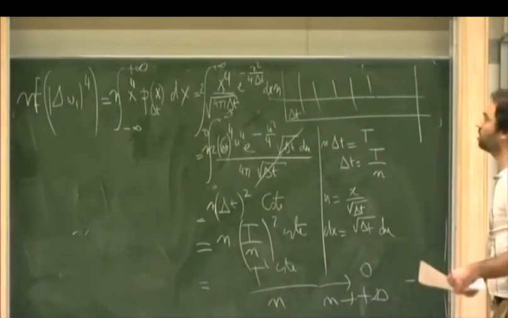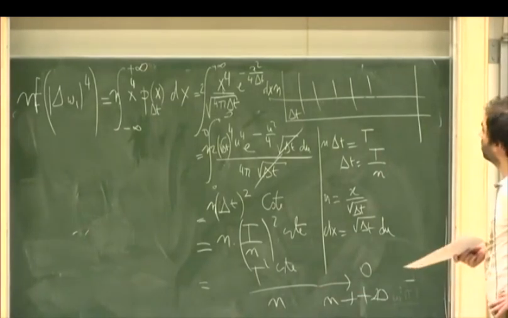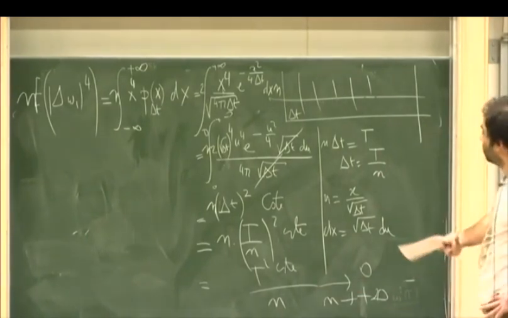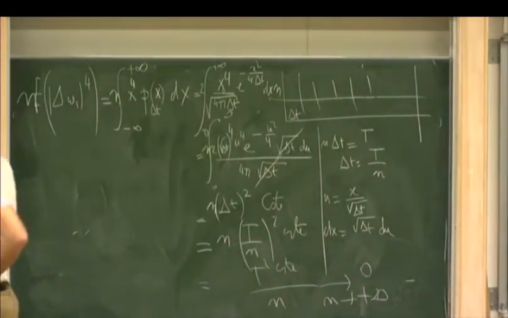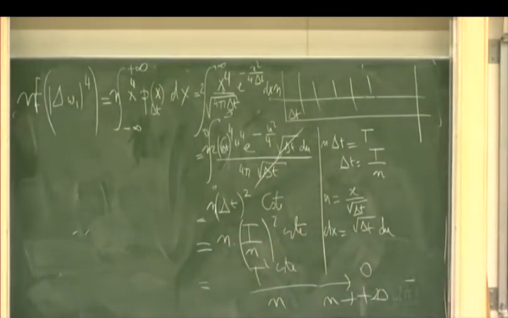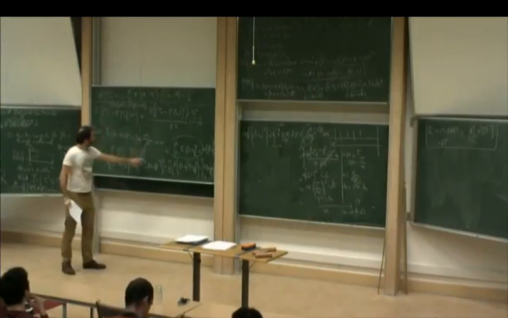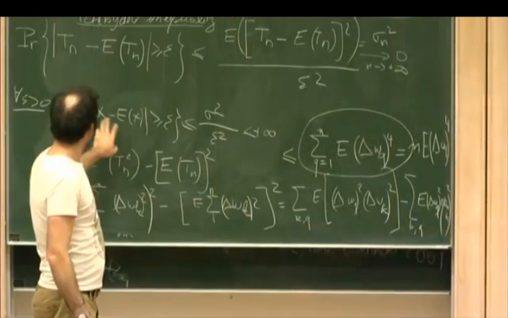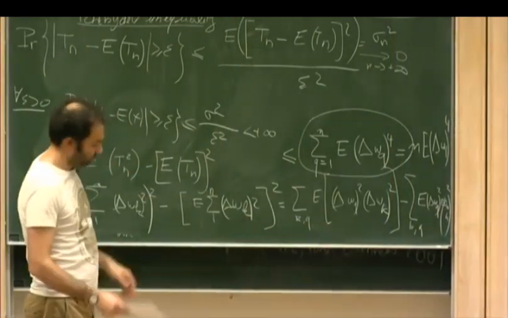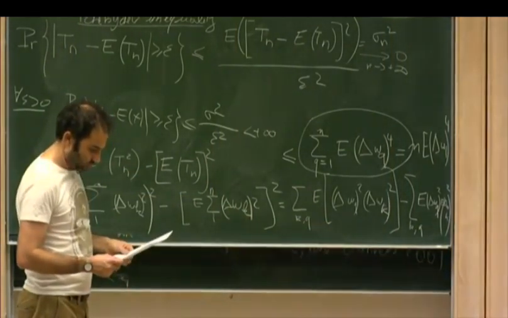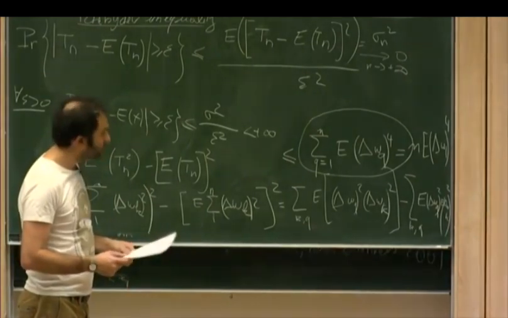All right? And I think we are done. This goes to 0. This is the inequality, so this is okay, and this goes to 0 as n goes to infinity, which shows that in probability we have this convergence. Okay?